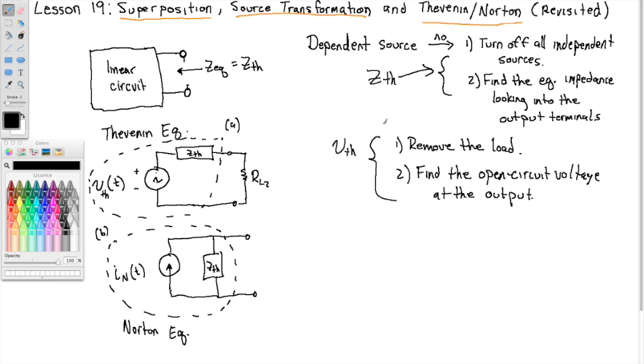Okay, so these steps are similar to DC, and so I'm not going to say much more about that. I'd like to look at an example.